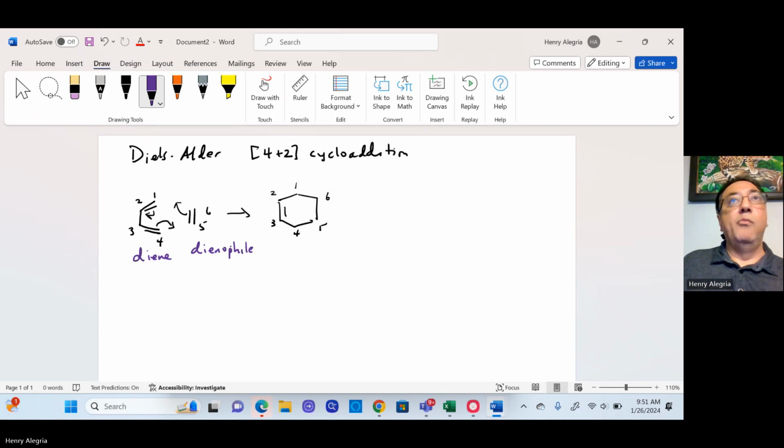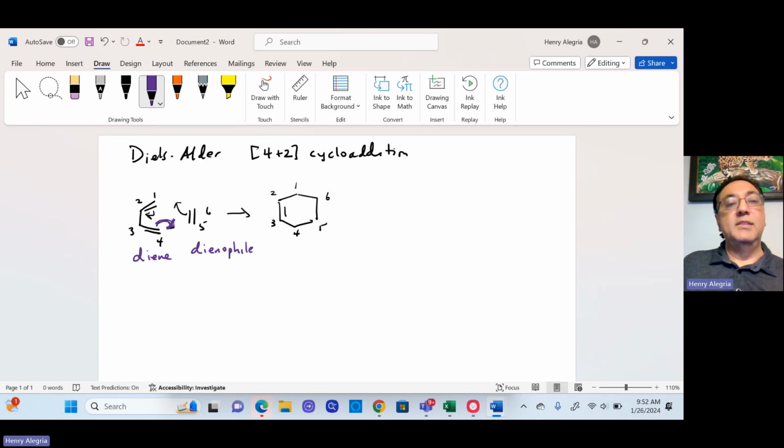So which is the first movement of electrons? The first movement of electrons will be either 4 to 5 or 6 to 1. Both of them will work out the same way. So in other words, this is the first step. This one here, where 4 takes the pi electrons and forms a sigma bond with 5. So that is the first step.